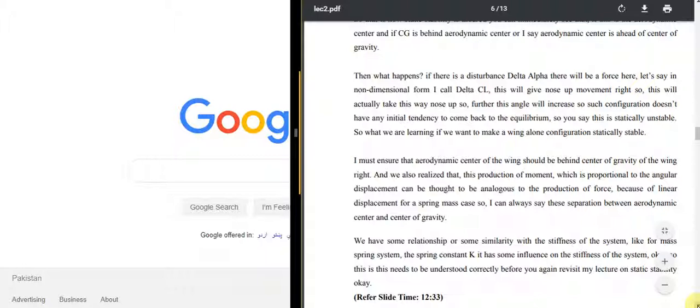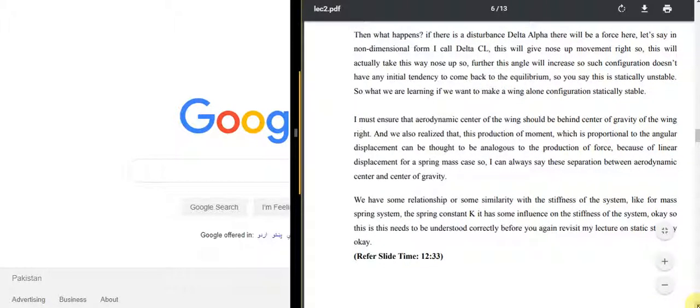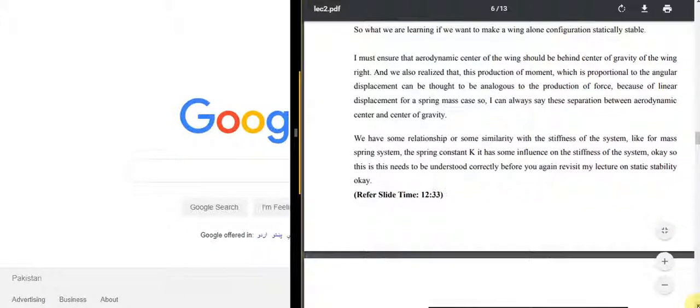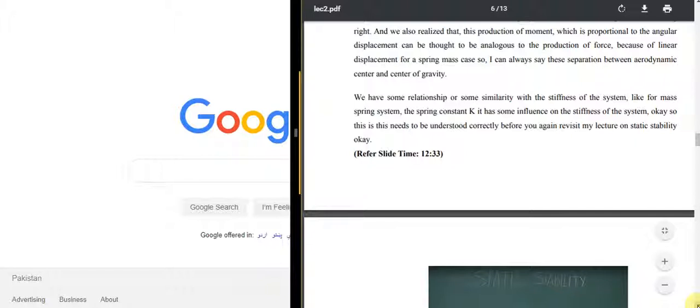So I can always say this separation between aerodynamic center and center of gravity has some similarity with the stiffness of the system, like for a mass spring system. The spring constant K has some influence on the stiffness of the system. So this needs to be understood correctly before you revisit my lecture on static stability.